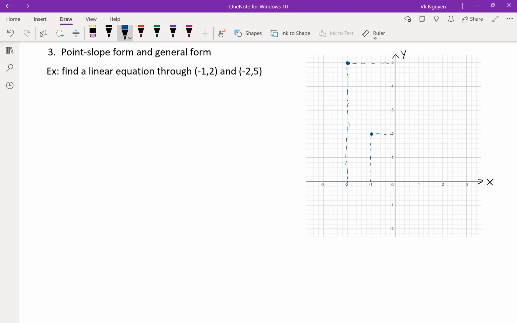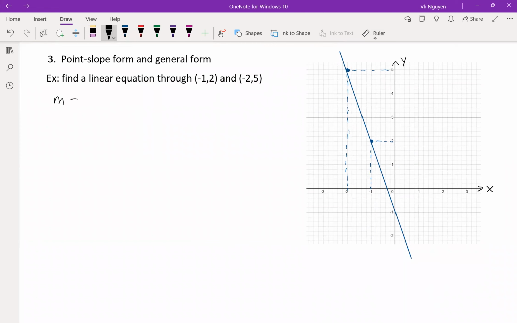Get a straight line between the 2 points. Now it does look straight. Yay! Looks pretty nice. In order to figure out the equation of a straight line according to the definition and how we derive a linear equation, we've got to figure out the slope and then use the linear equation formula.